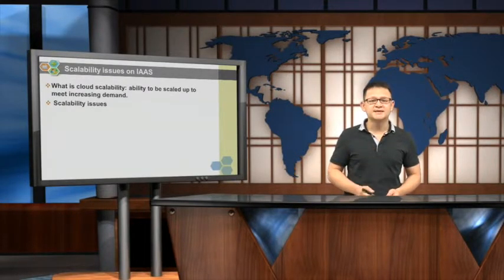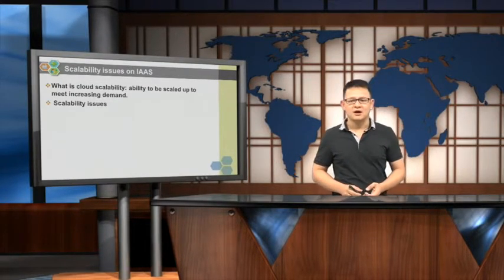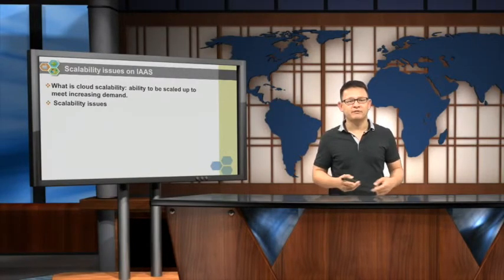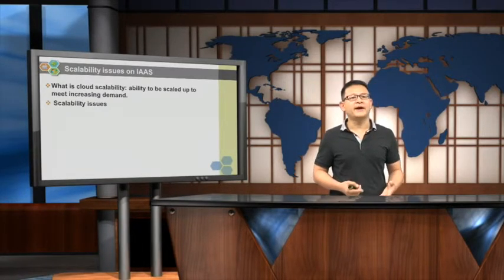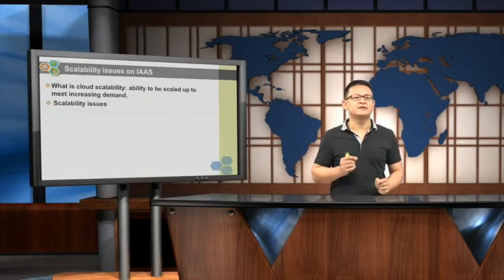So the scalability enhanced by scalability assuring schemes such as adding various resources should be proportional to the cost to apply the schemes. So you can see we have different concepts and definitions for scalability. But we can keep in mind that it is an ability to be scaled up to meet the increasing demand.